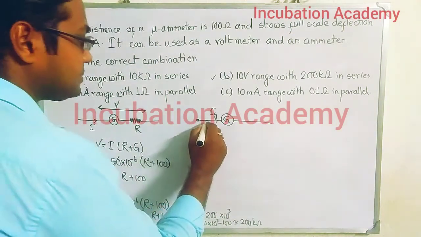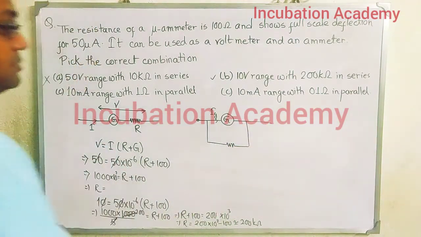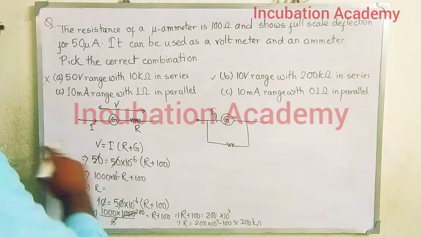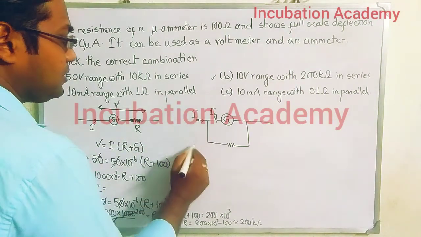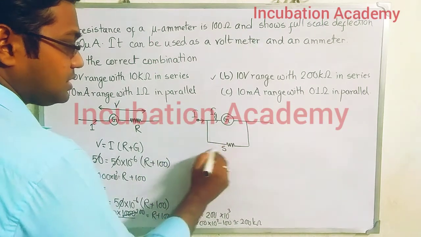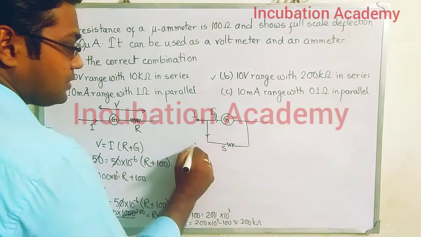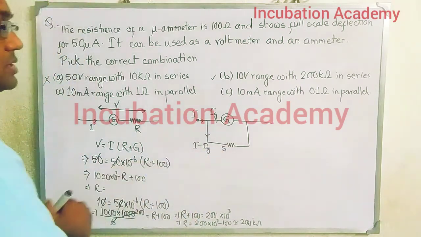Here I am applying the shunt S. The 10 milliampere range means the main current I is 10 milliampere, so I minus Ig is the current that will pass through the shunt.